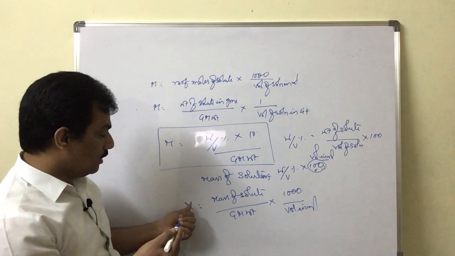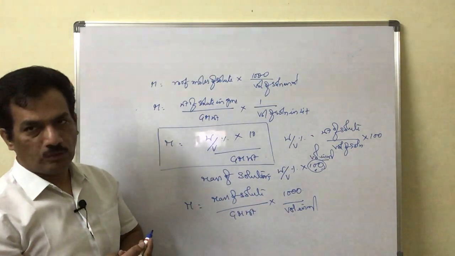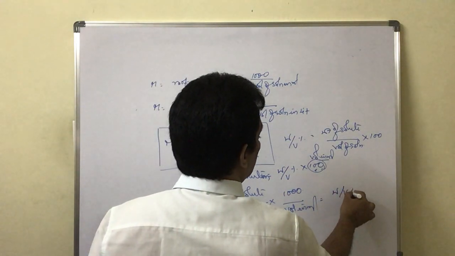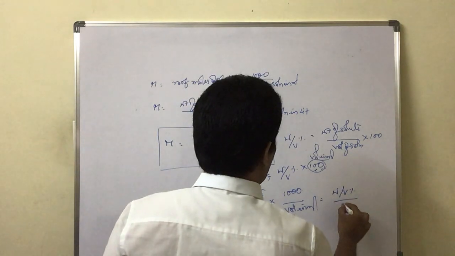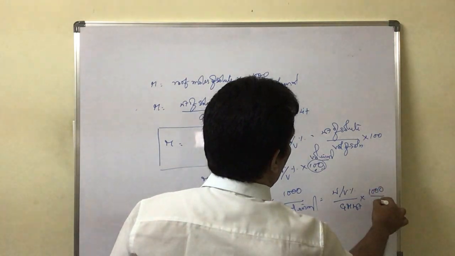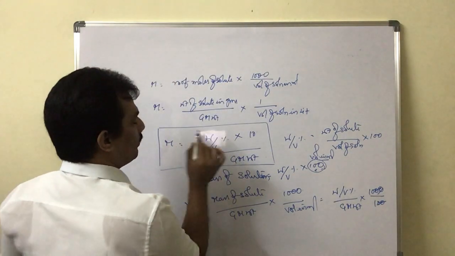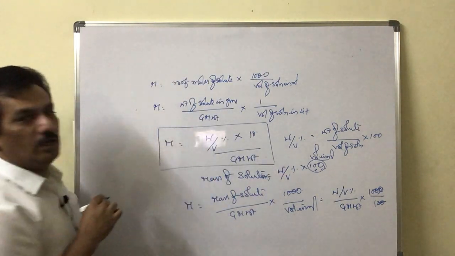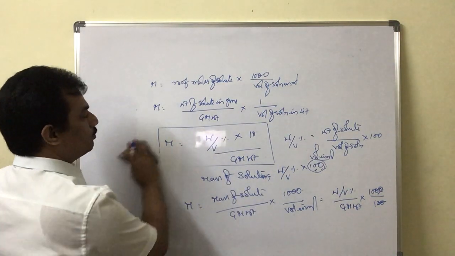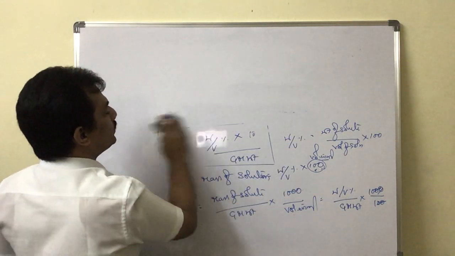But when we consider molarity as mass of solute by gram molecular weight into 1000 by volume in ml, we just have to consider the weight volume percent by gram molecular weight into 1000 by 100. Now we arrive at this formula, that is weight volume percent into 10 by gram molecular weight. And sometimes in addition to the weight volume percent, some data is given related to the density of the solution.